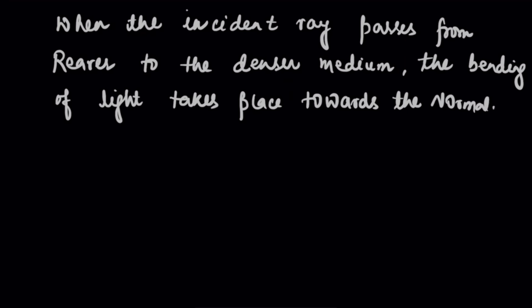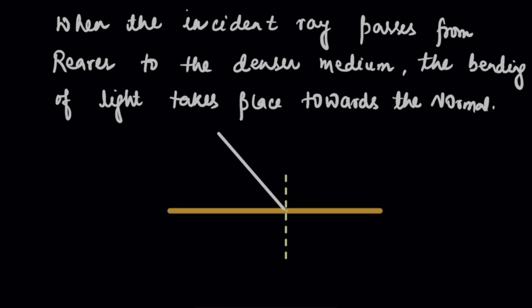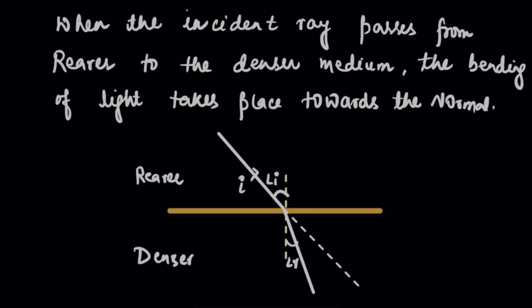It means that if we have a refracting surface and this is the incident ray and here is the normal, so the incident ray will bend towards the normal. Towards the normal means if there is no transparent medium, then light will pass in this way. But because of the medium, and this medium is a denser medium, so what will happen? Light will move towards the normal.